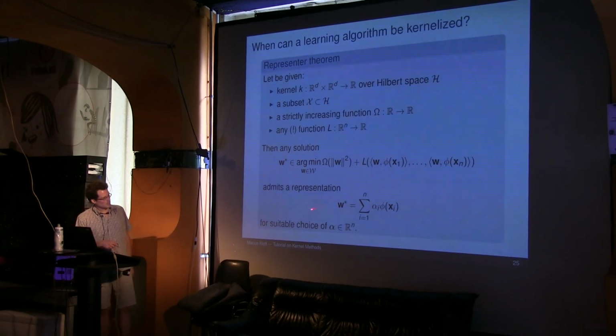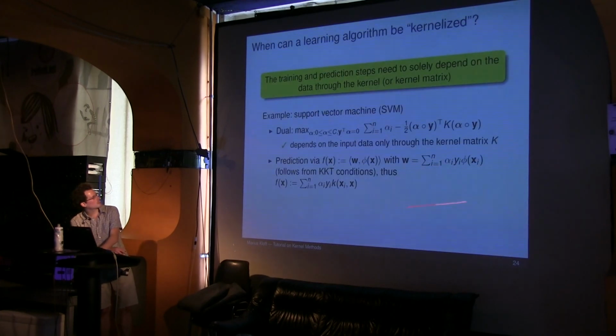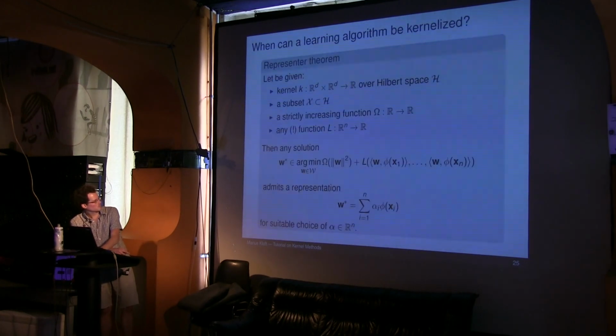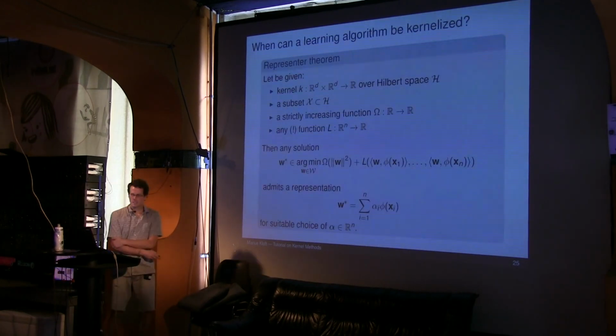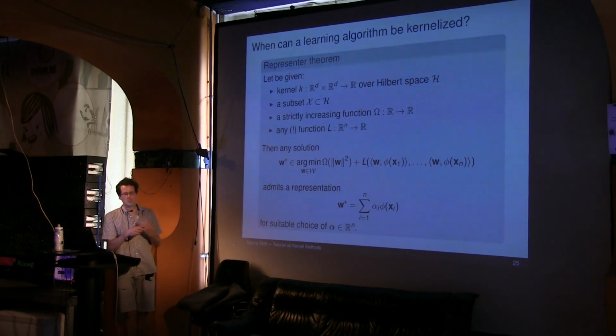And this is very nice because if we have this representation, we can use the trick from the previous page to plug this into the linear prediction function here, and we get something similar to this. So an expression that only depends on kernels. So this is really nice. This gives us a very general theorem.